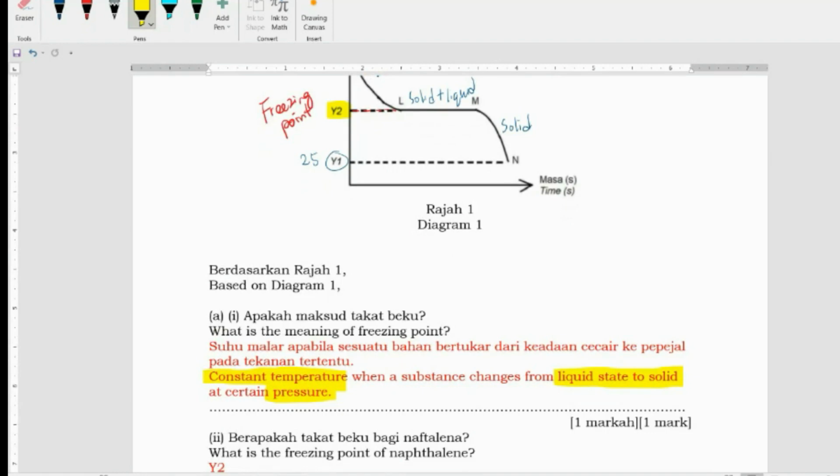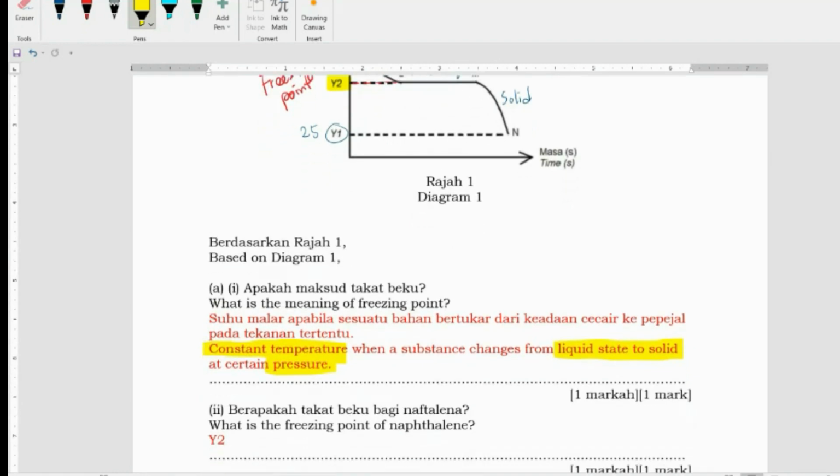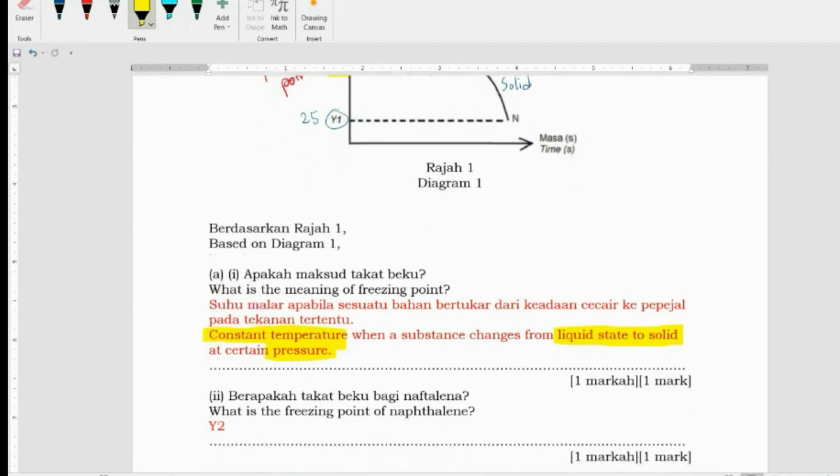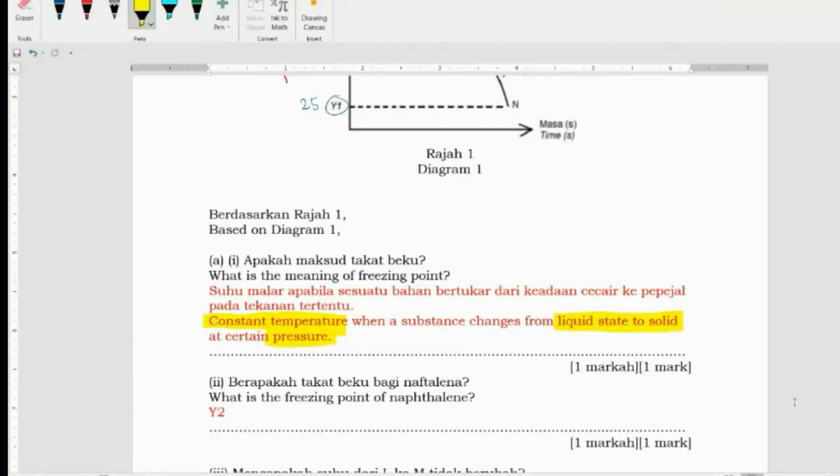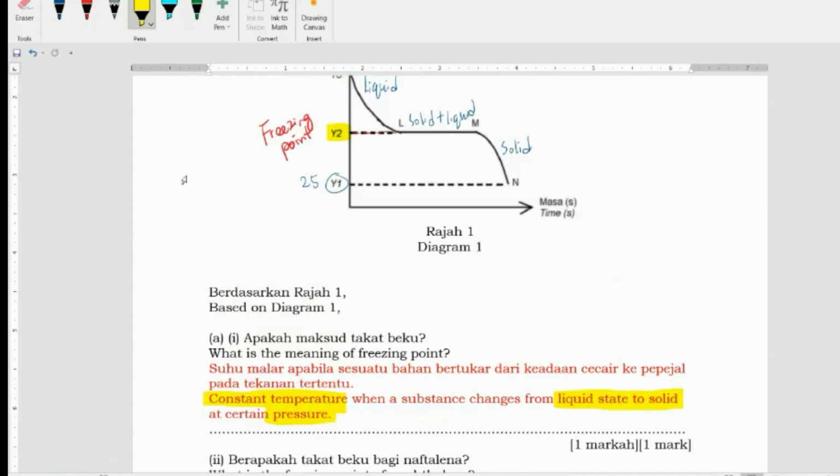Okay, next. Just now I asked already, what is the freezing point? If you write Y2, here if 1 mark, sometimes the marker will give you wrong. Why? Y2. What is wrong, class? Apa yang salah? The freezing point. Y2. Apa yang tertinggal?